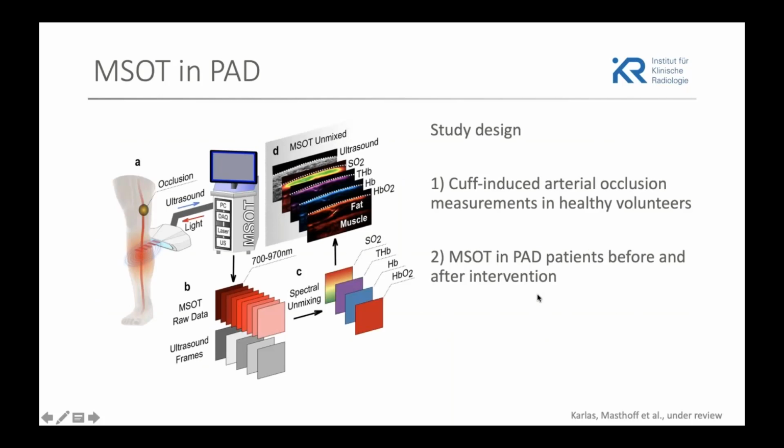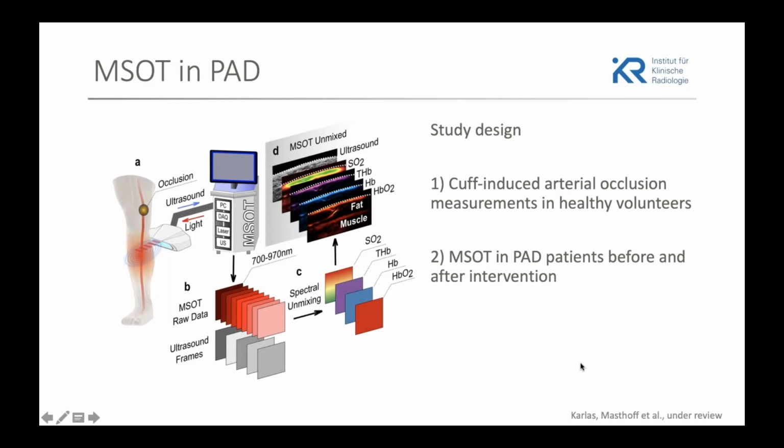So this is from a study which is under review for now, in collaboration with the Nziachristos lab and Angelos Karlas in Munich, where we performed a two-step study design.